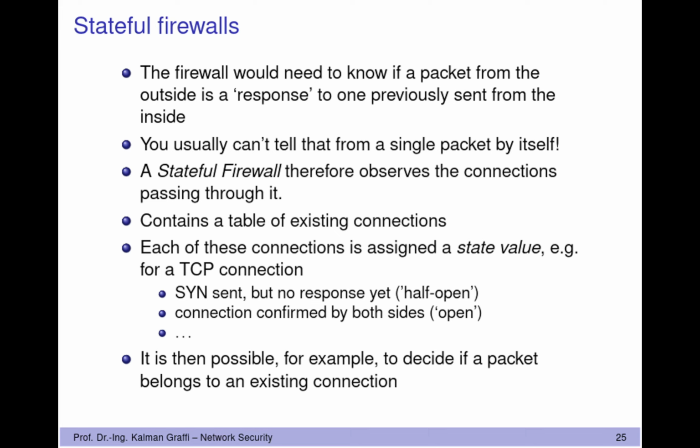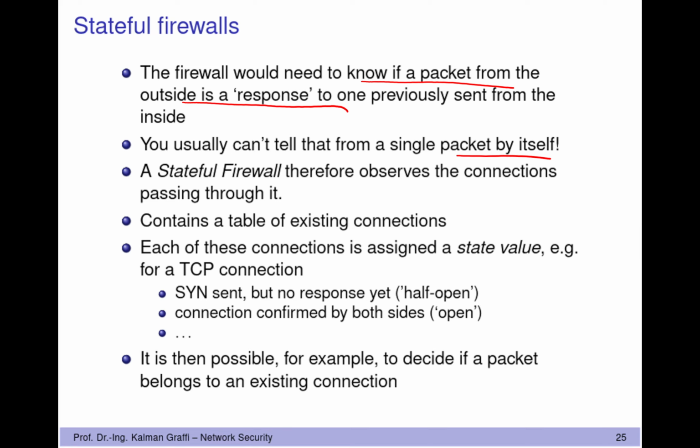Here we keep track of the packets that we observe. We need to know if a packet from the outside is a response or not, because we need to correlate whether responses should be accepted, and not-responses, meaning newly established connections, should be dropped. Typically we can't tell that from a single packet itself.